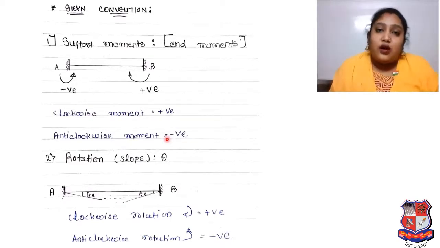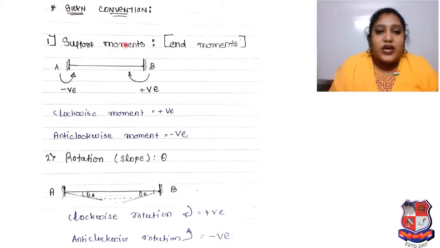I will also come with a shear force and bending moment lecture. Many students are facing problems to understand SA1 because of the lack of knowledge regarding SFBM and reactions. So I will come with that lecture also, but till then you just focus over here, try to understand sign convention, right, and moments, so support moments or end moments.